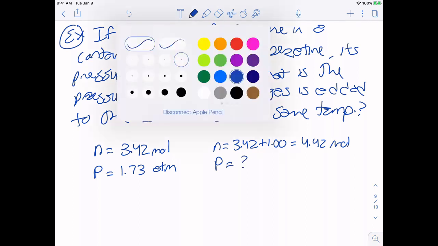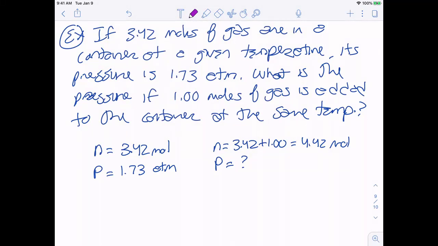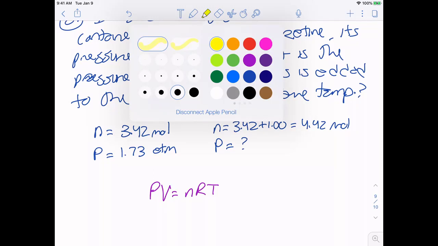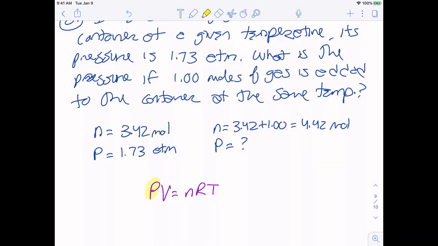So I'm going to do very similar to what we did in the last one. I'm going to take my ideal gas law, PV equals nRT. The only things that are being changed are pressure and my number of moles, right? The container's the same, so volume's the same, R is constant, and my temperature is remaining the same.